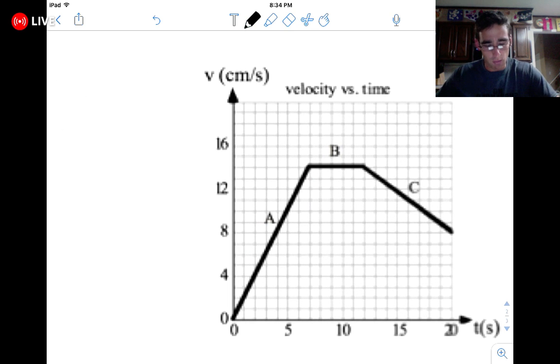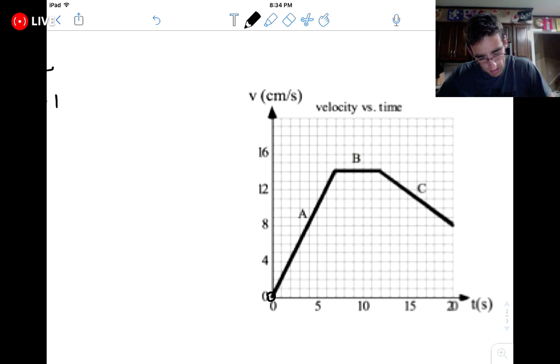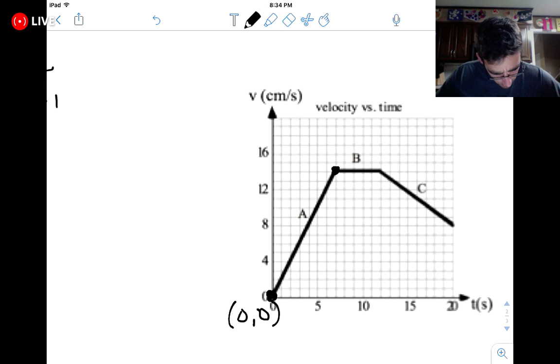Now remember, I want to label my points. So I know I've got a point here, and that's going to be 0, 0. And I've got a point here, and that looks like it's, let's see, 5 is there, 6 is there, that's 7.